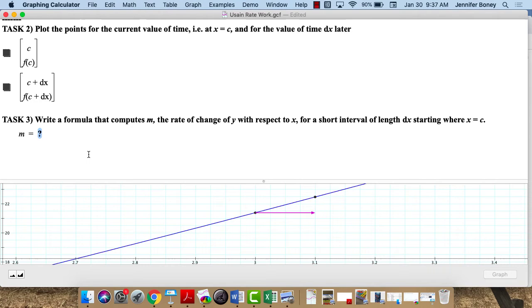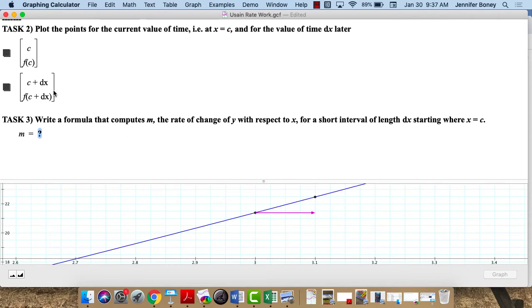So what are we going to need? Maybe first, it's a ratio. What's going to be in the numerator? Yeah, our dy. So here are two generic coordinate points, where I can change c and I can change dx to make them any 2 points.